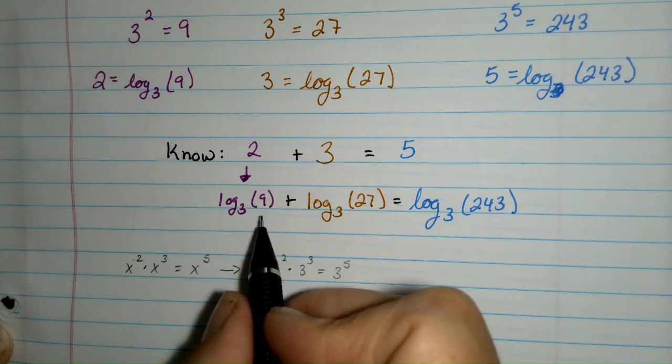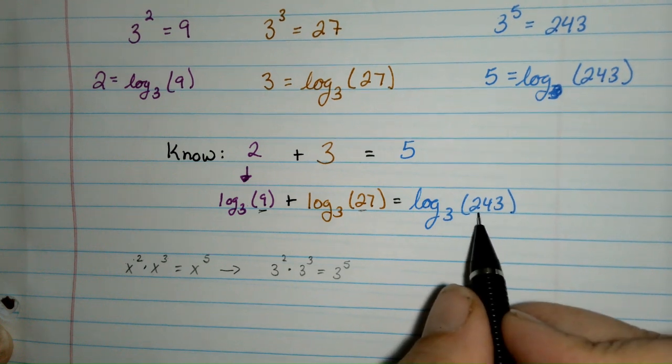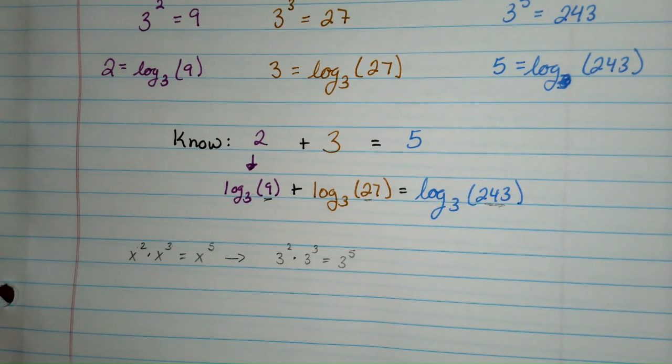And that's with multiplying. Well, check out what happens when you multiply 9 times 27. You do indeed get 243. And it's this relationship between when you add exponents, you multiply your bases, that gives us that relationship so that we can conclude what's known as the product rule.